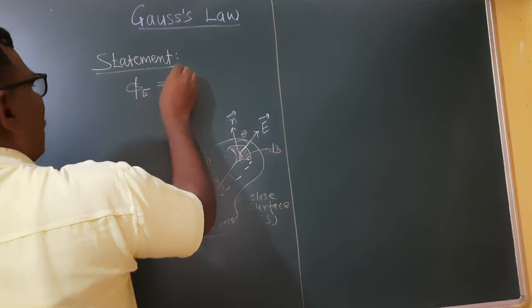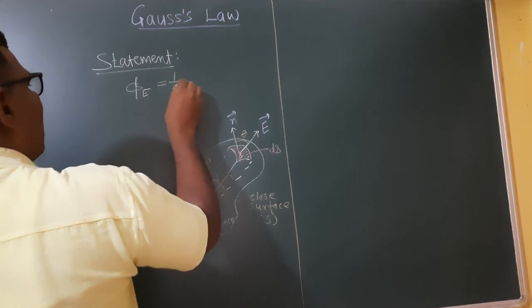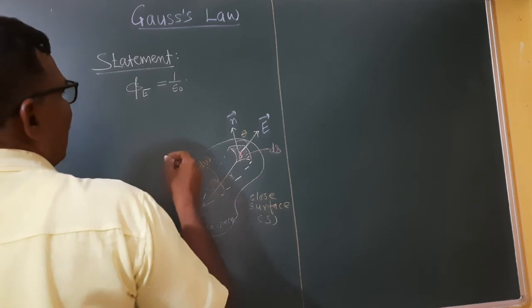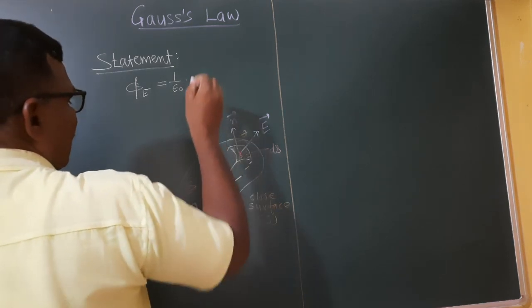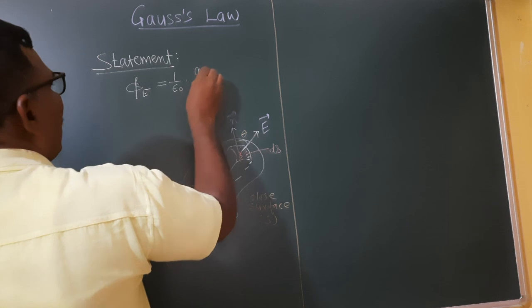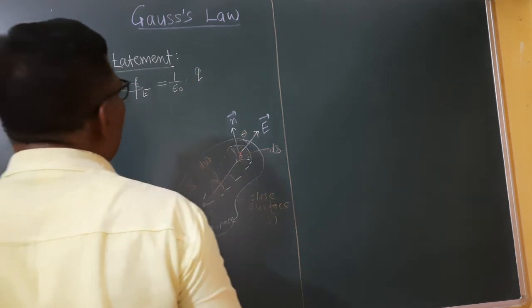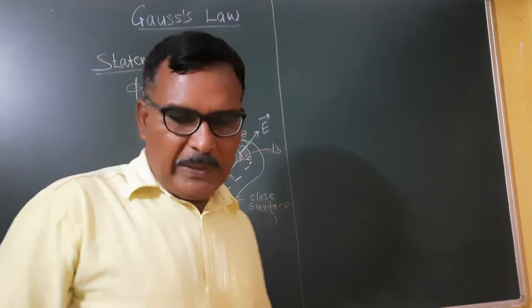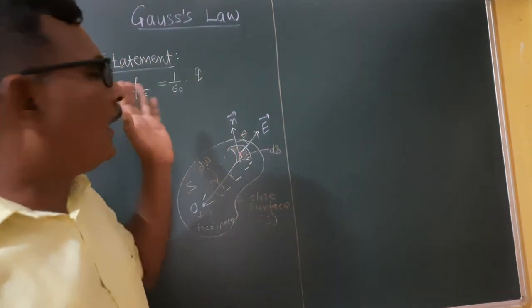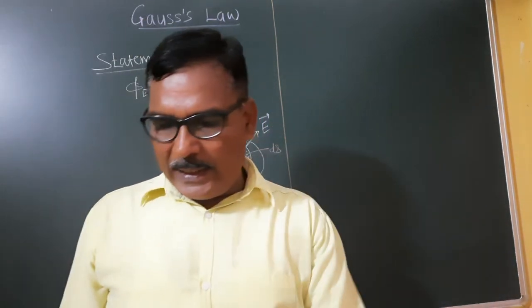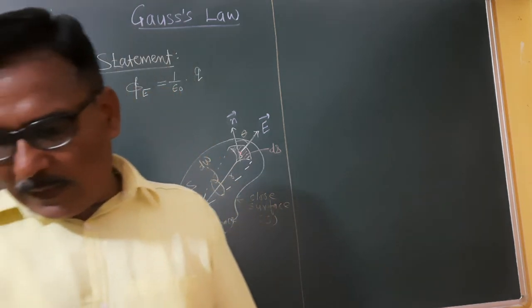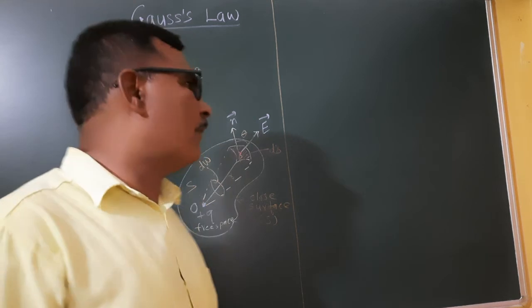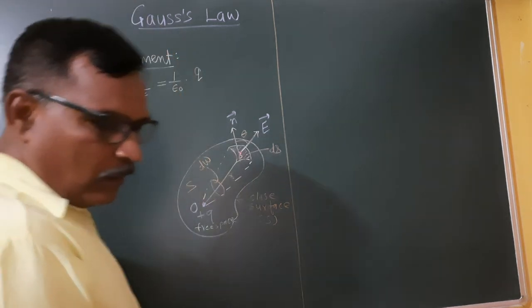Epsilon 0 is called what? Permittivity of free space. Times the total charge enclosed in that surface, which we consider as Q. So phi E is equal to 1 upon epsilon 0 times Q. Means according to Gauss law, the electric flux phi E through any closed surface is equal to 1 upon epsilon 0 times the net charge Q enclosed by that surface.